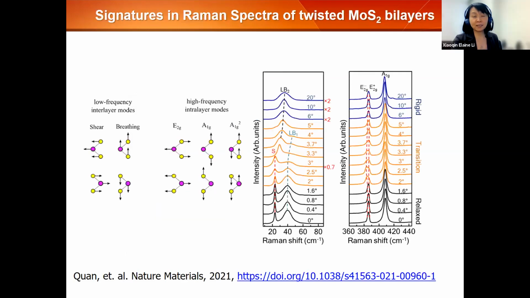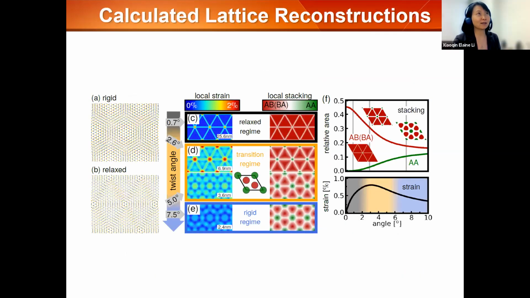Yeah, so it's easier to talk with the calculated spectrum. Okay, yeah. So, for example, in the reconstructed, what we call the relaxed region, the blue regions are complete commensurate stacking. In fact, in this case, there's no gradual atomic alignment change. Okay. And then the AA stacking is on the domain wall.